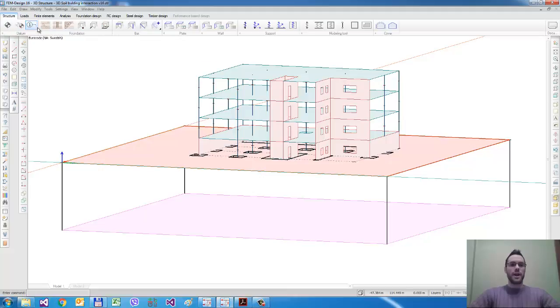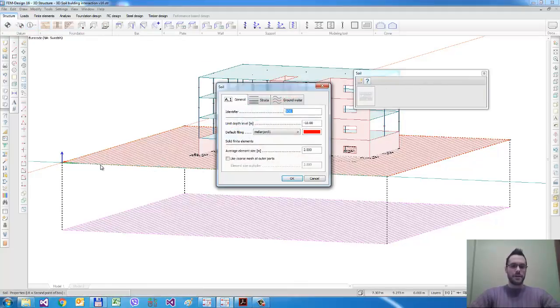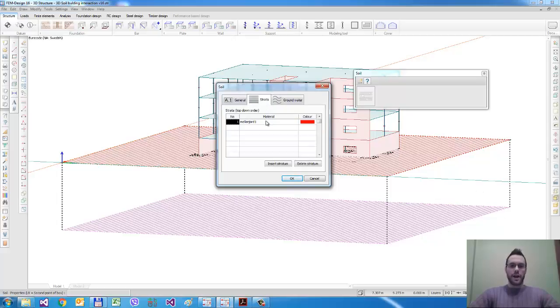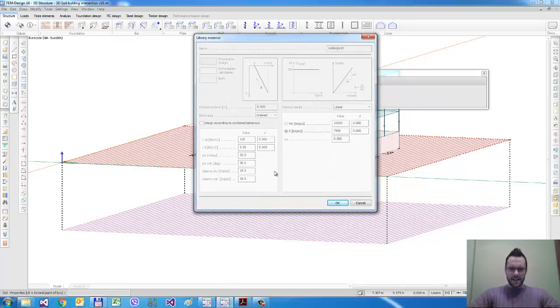So let's check the soil material properties. Here we just apply one soil layer, and I can check the soil properties here. You can see that in this case we applied a drained analysis.